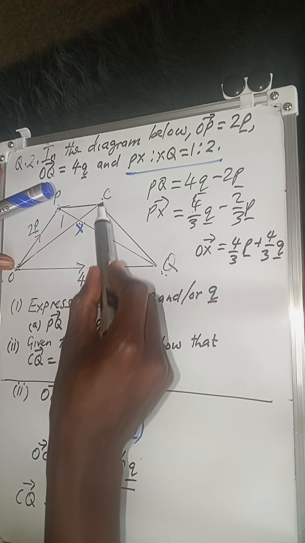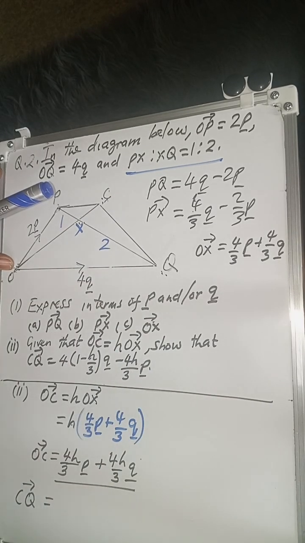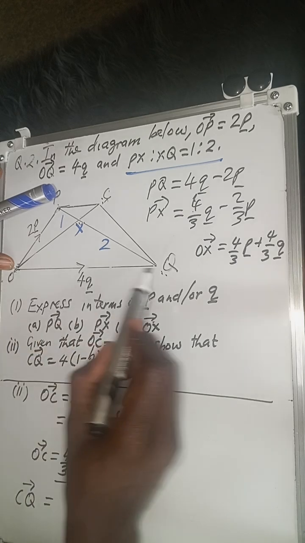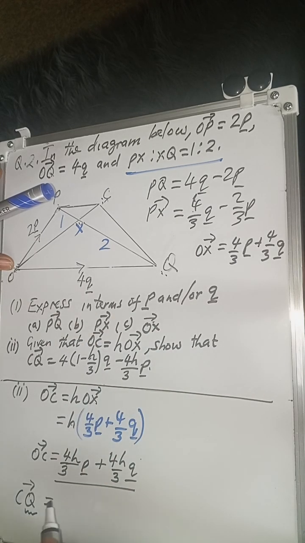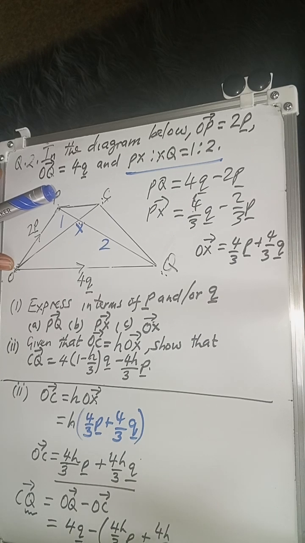That's what we mean. But remember, CO is in the opposite. So what are you going to do? So you are going to do this. You are going to start with a positive, which is Q is positive, so it will be OQ minus OC. So what is OQ? OQ is 4 vector Q minus OC. OC is this guy here, so 4H over 3 vector P combined with 4H over 3 vector Q. Now, what are you going to do there?